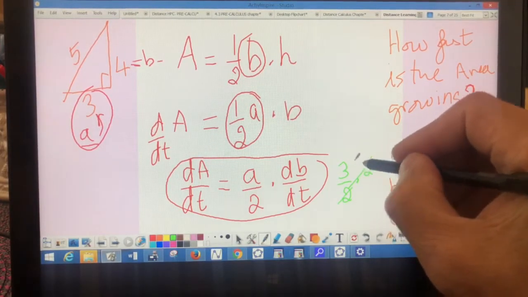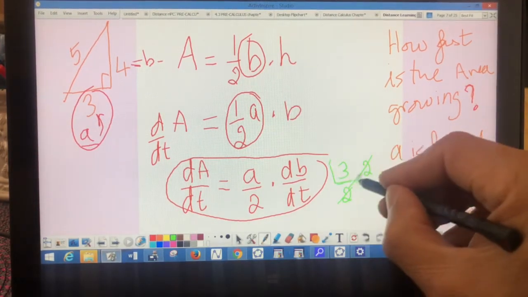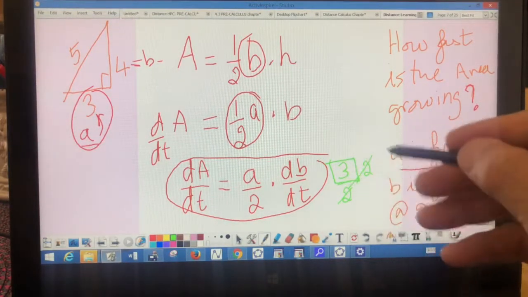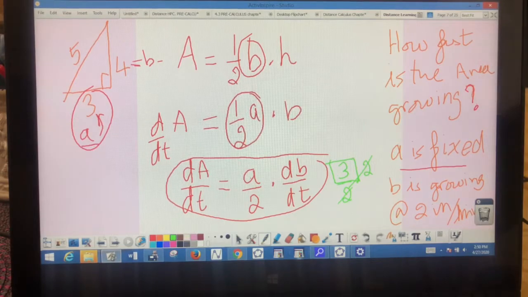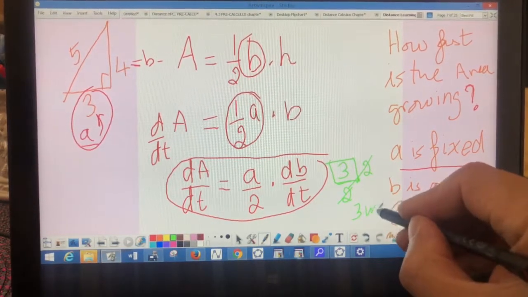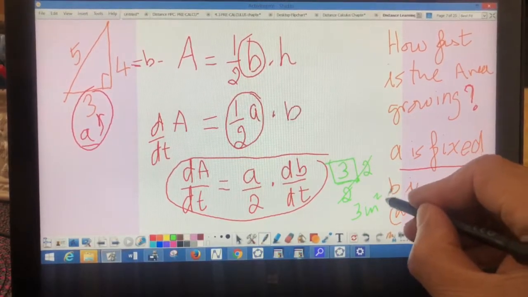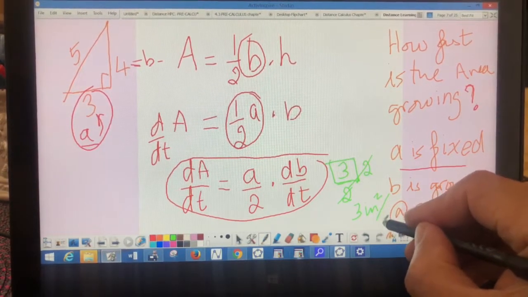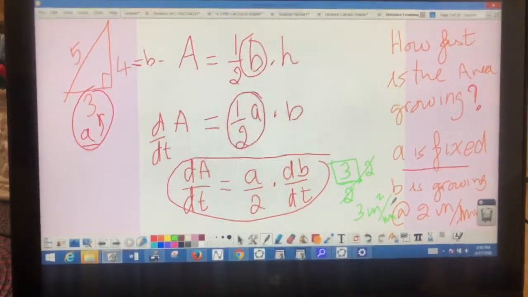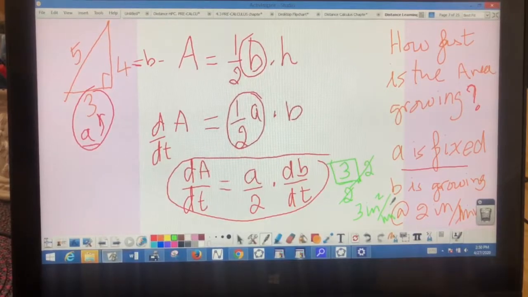This is going to be your rate of change of the area. Area is changing by 3 square inches per minute. Hope that's right. Okay, it's the area that's changing at that rate. Okay, I'll see you on the next video.